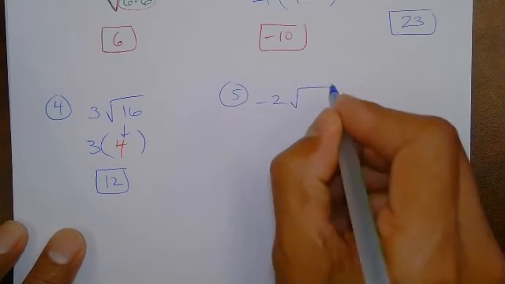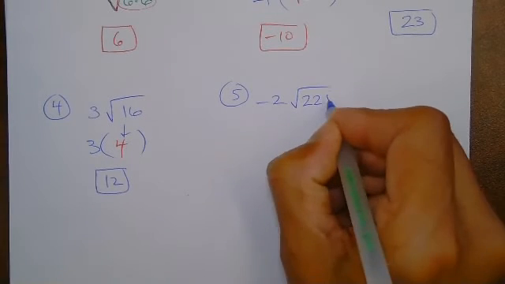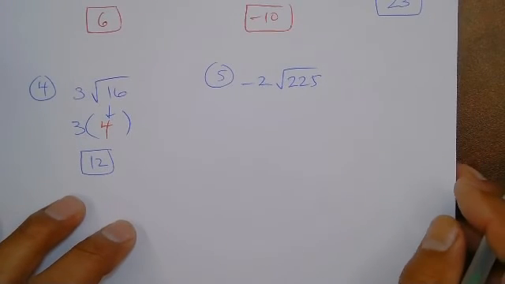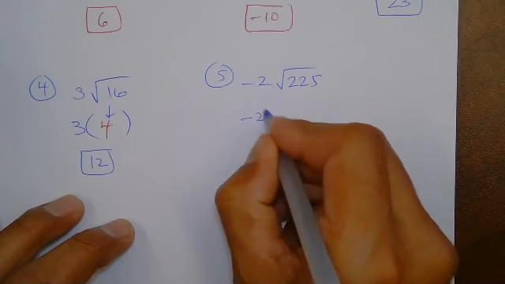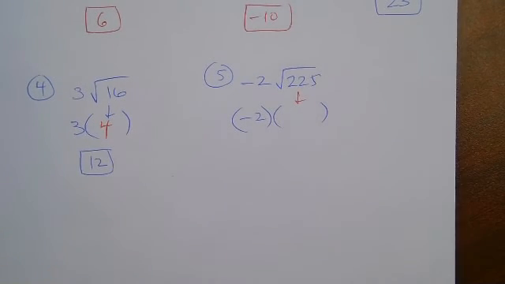Okay, number 5. What about negative 2 times the square root of 225? Is 225 a perfect square number?